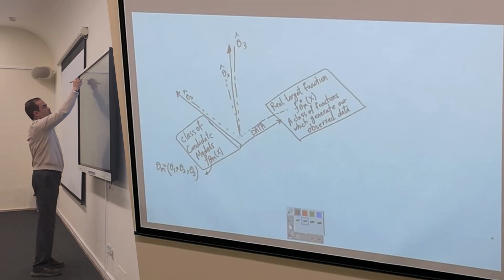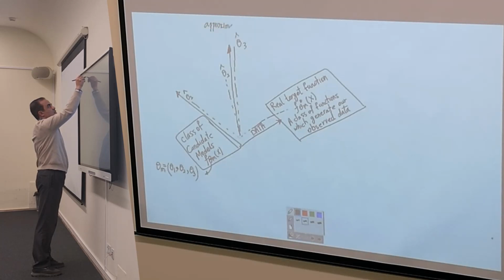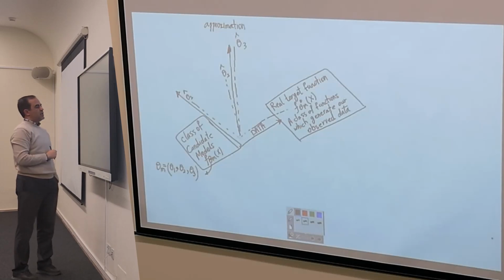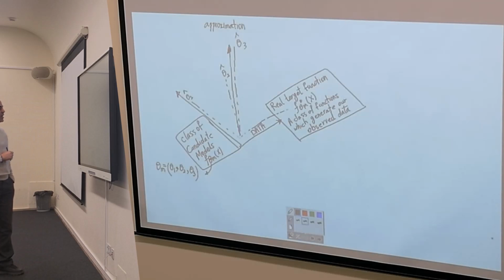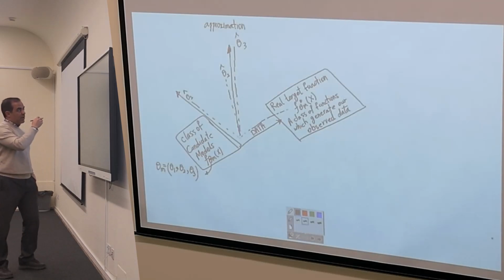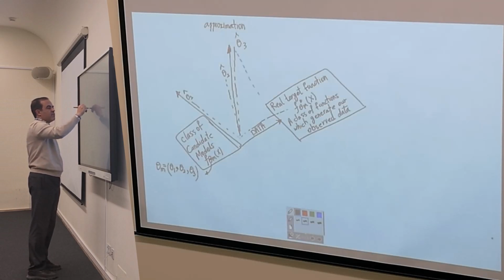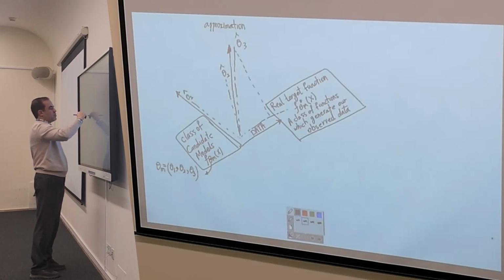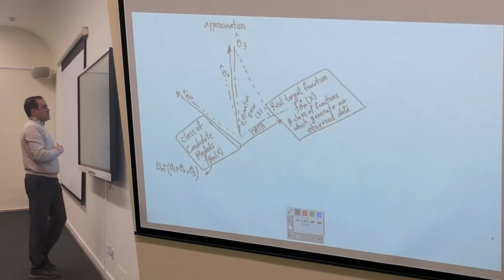Okay, so this could be a kind of approximation of the real data that I had in my target function. And when I make these kinds of estimations for the thetas, I will make a bias, right? This is the estimation error that I have for theta 3.